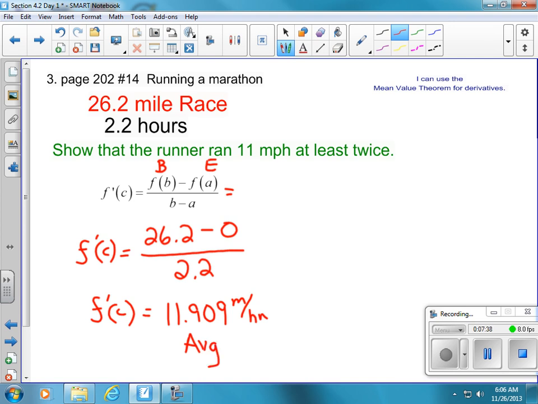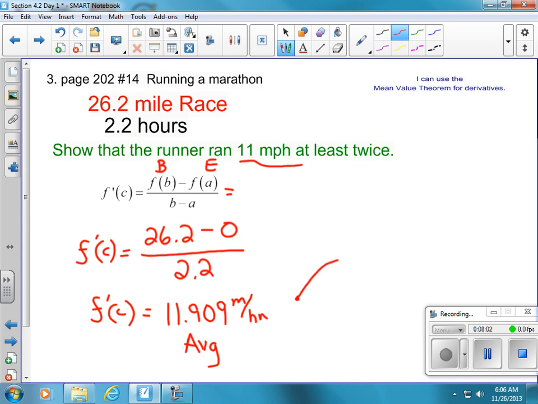And the question was, show that the runner ran 11 miles per hour at least twice. Well, if you start at 0 miles per hour, go up to at least 11 and then come back down, you have to have run 11 at least twice, because we're going right here up to 12.